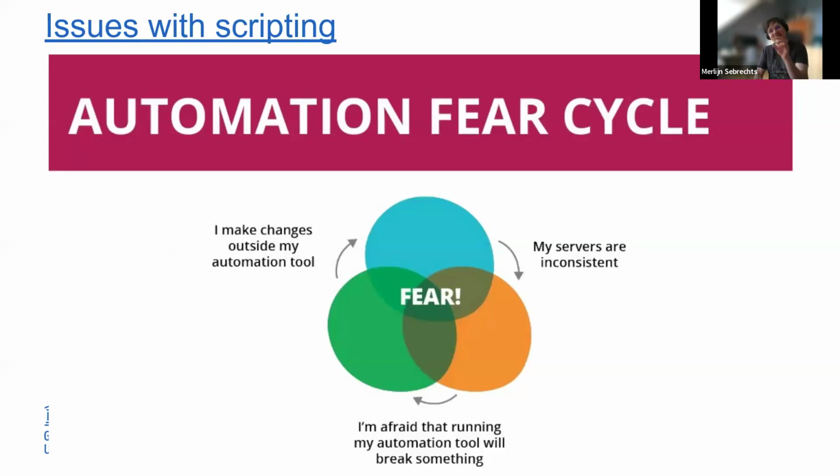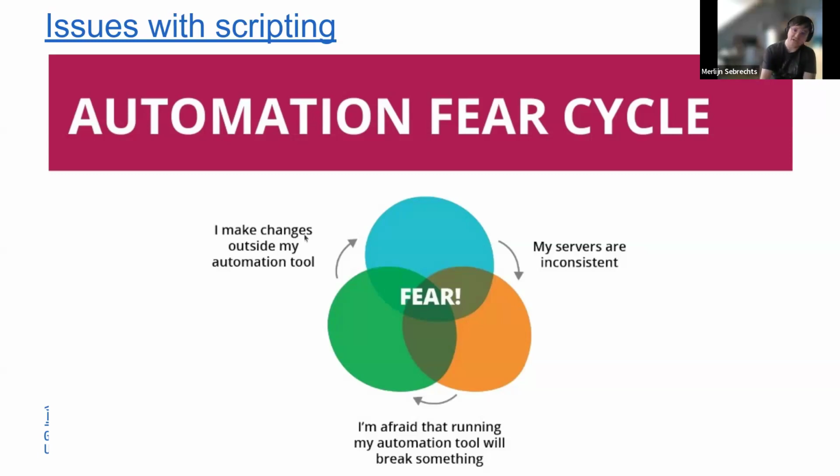Which means that if servers are inconsistent, for example, your script adds a certain line to a certain configuration file, but in some of the servers this line was already added, and in some of the servers this line has not been added yet. And then you run your script, then you could break certain stuff.